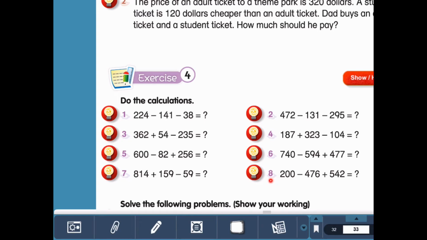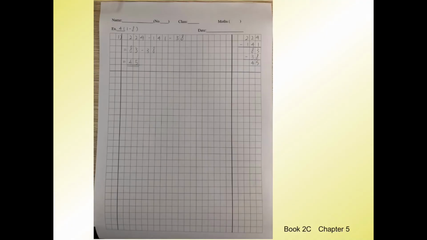And for questions such as number 8, remember to do the addition first and then the subtraction, because 200 is actually smaller than 476. I've worked out the first question for you on the Math A and B format. And remember to underline the answer.